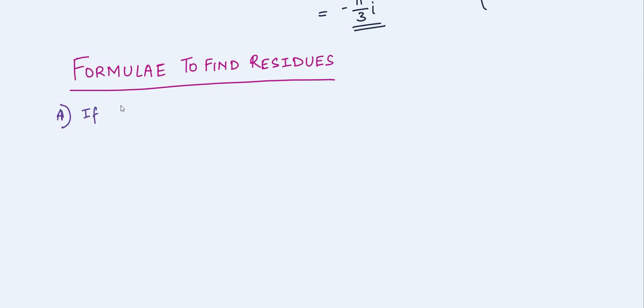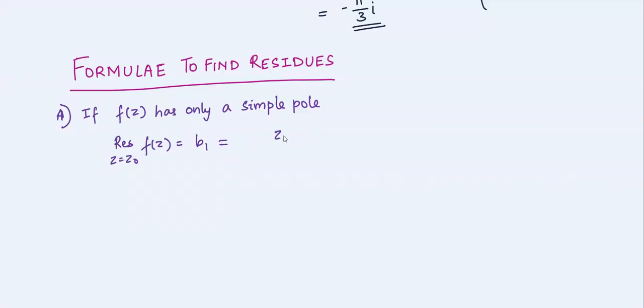If f of z has only a simple pole, that means 1 by z minus z naught, then the residue at z equal to z naught of f of z is b1, which is the same as multiplying the function f of z by z minus z naught and applying the limit z tending to z naught.